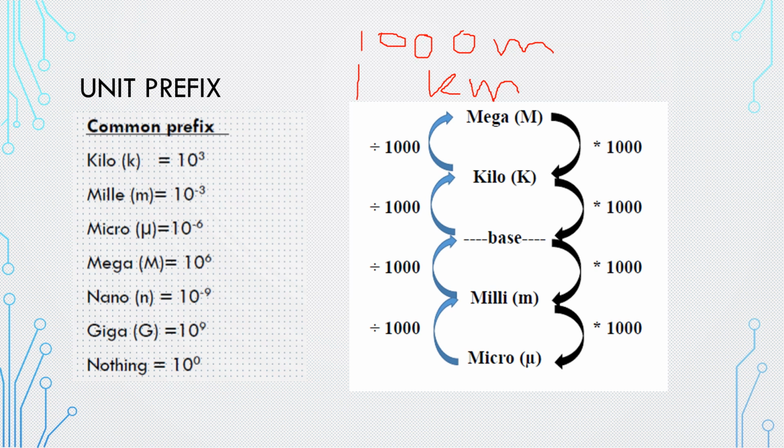Kilo means I'm multiplying by 10 to the power 3. Milli, which is the small version of kilo, is 10 to the power minus 3, or 1 out of 1000. Micro is smaller than milli, which is 10 to the power minus 6. Mega is very huge values. Nano is a very small value. And giga is a very huge value.